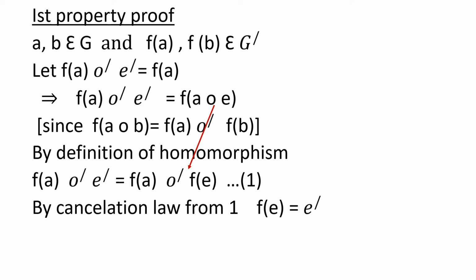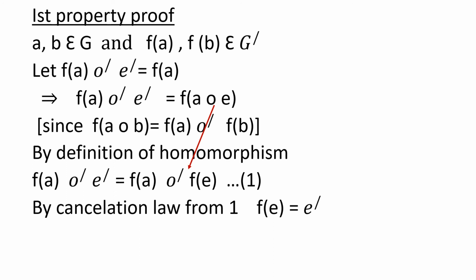Now again, this is a trick. So f(a) can be written in what way? We can write f(a) as f(a O e) also, because e is the identity element. A multiplied by the identity element will not change, it will remain as a. So now f(a) O' e' will be equal to this one.